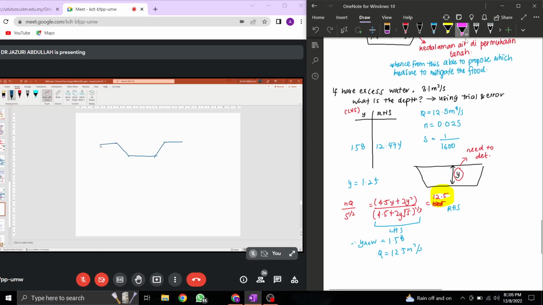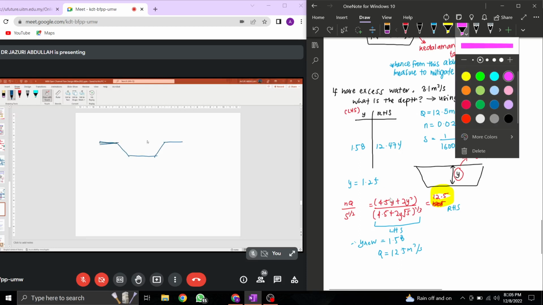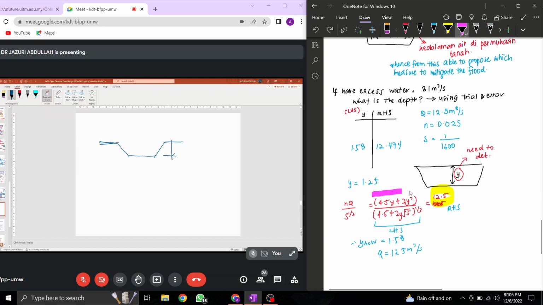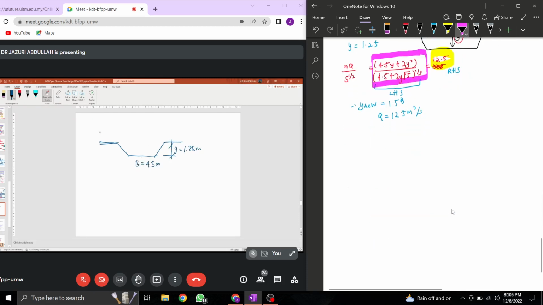Okay, so let's say you have the height y equal to 1.25 meter and then you ada b equal to 4.5 meter. Okay, so ini adalah maximum of the water. Okay, so ini adalah q equal to 7.9 meter cube per second. Okay, so if new Q equal to 12.5 meter cube per second.